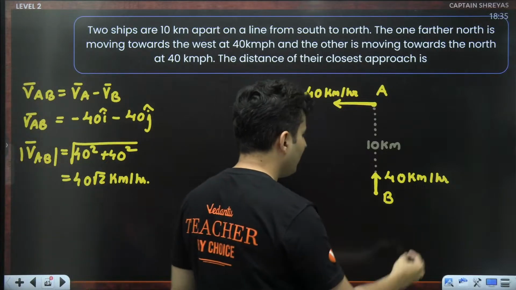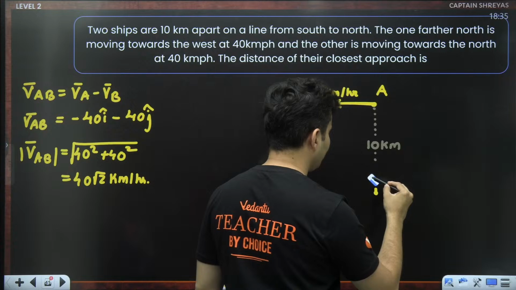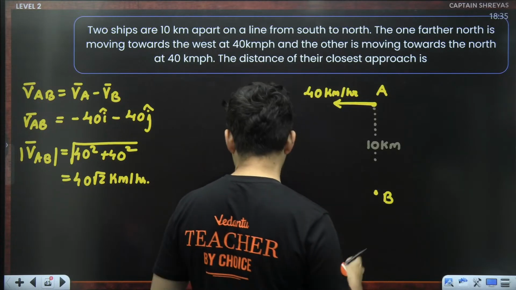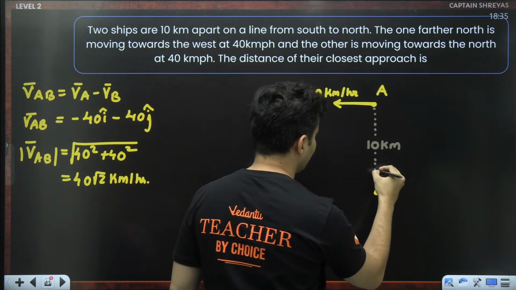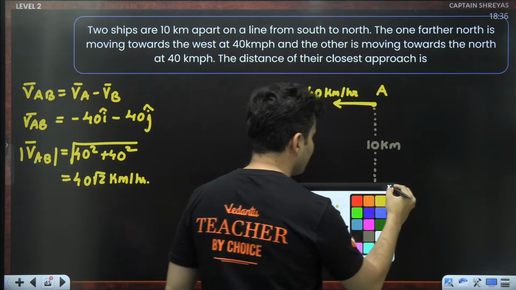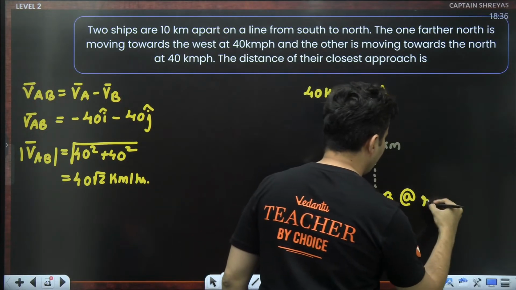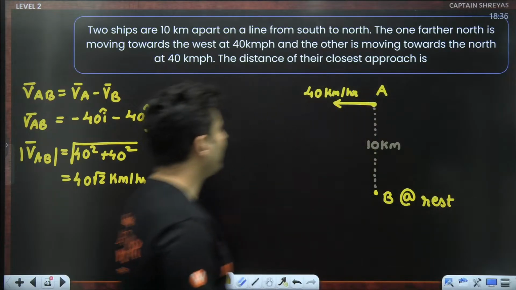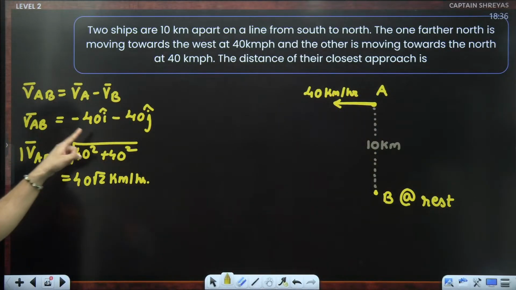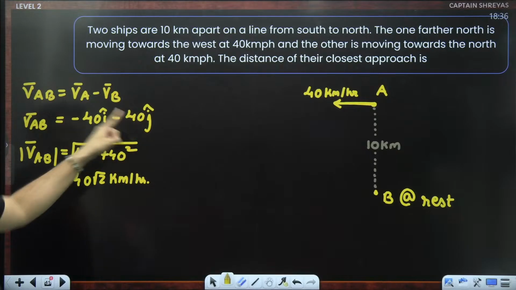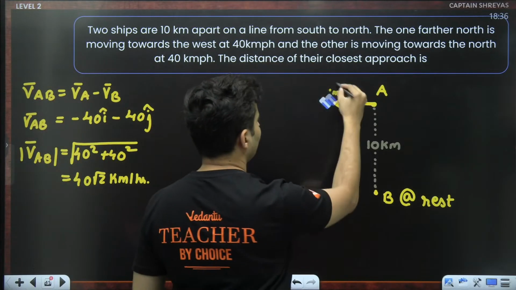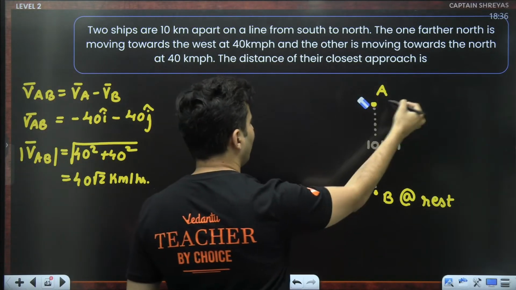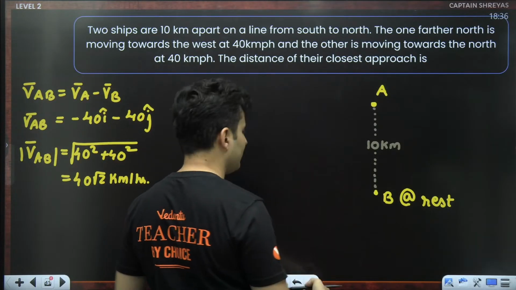So if I make A at rest, sorry, B at rest, my bad. If I keep B at rest, so B is now at rest. How will A appear to me? Moving at minus 40 i cap, minus 40 j cap. Minus 40 i is this way, minus 40 j is that way.